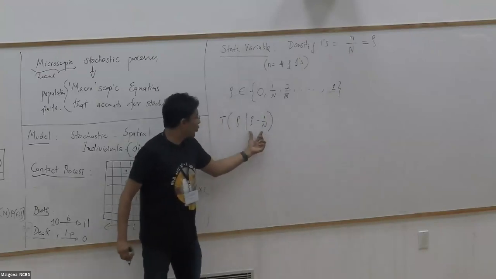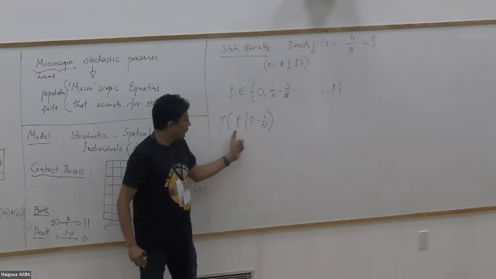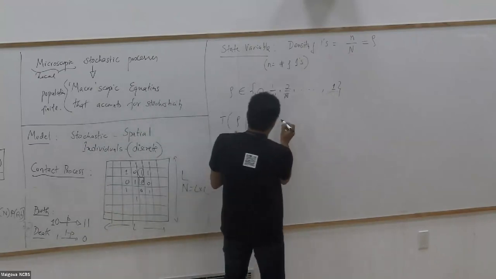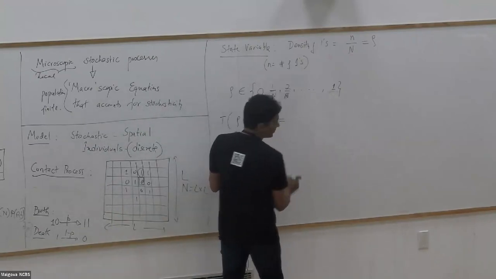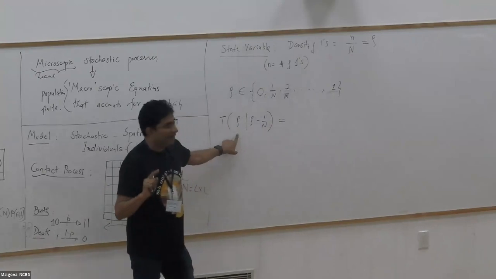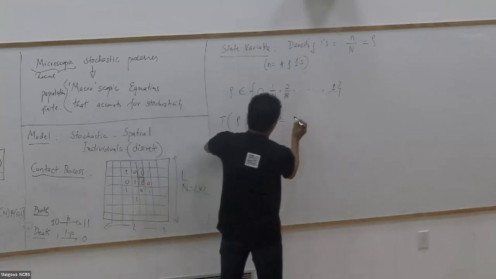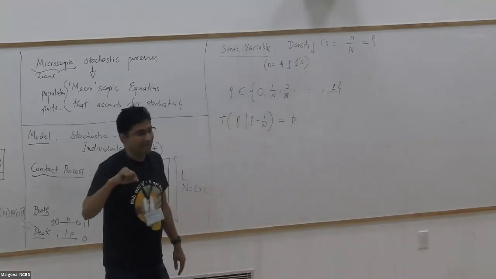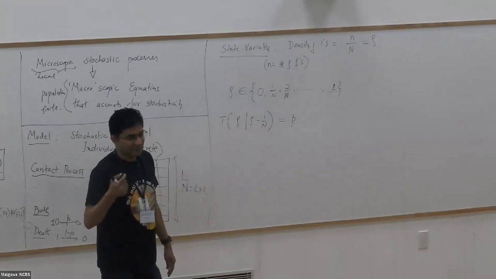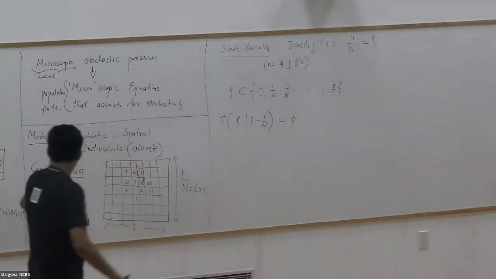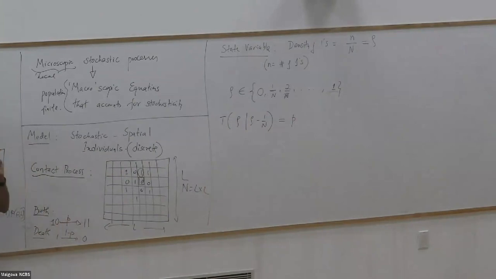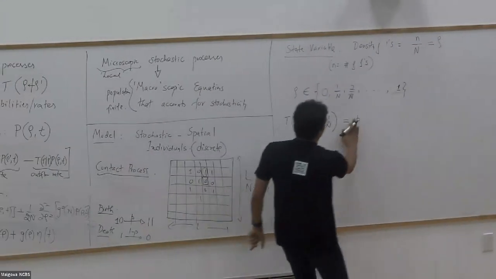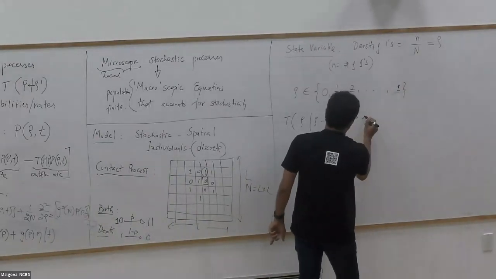So if the current density was rho minus 1 over n, how will you get to rho? By a birth. So what is the value of this now? You need to choose to have a birth, right? So let's go back to these rules. When does the birth happen? There are two conditions that have to be met. The first, I have to choose a site which is occupied. What is the probability of choosing a site which is occupied? That is n by n, which is rho, right?